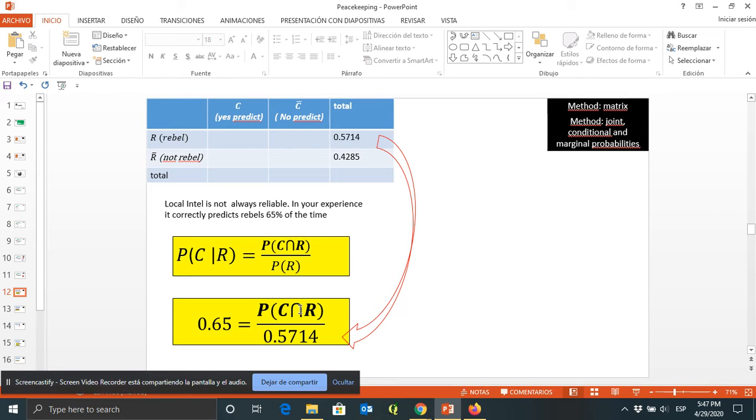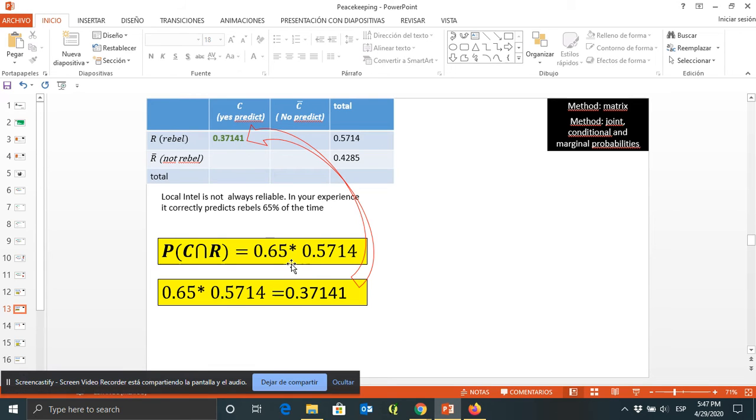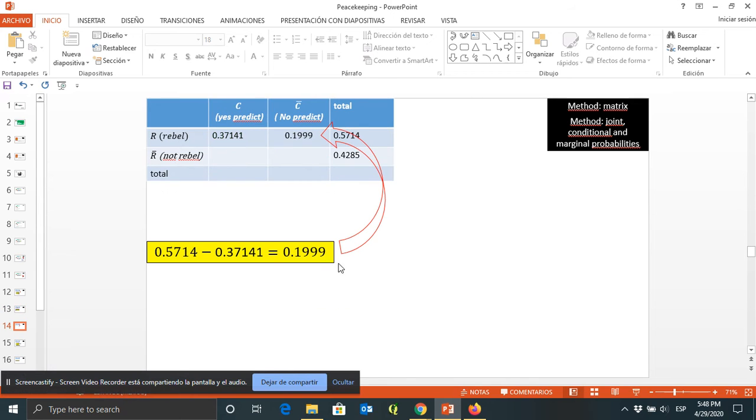So we just need to find the joint probability of C and R, which can be calculated by multiplying 0.65 times 0.5714, which is 0.37141, and we plug this number into our matrix. So we continue, and if we subtract 0.5714 minus 0.37141, we get 0.1999.